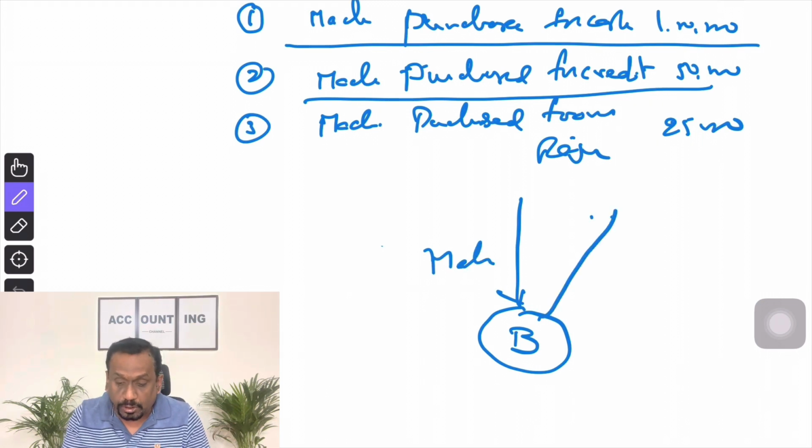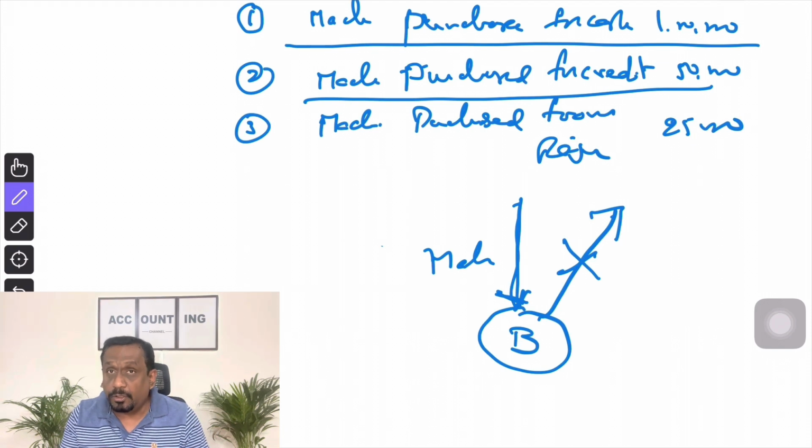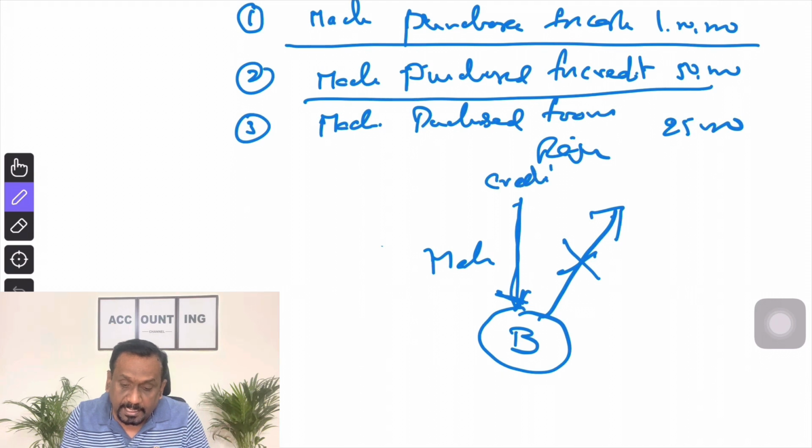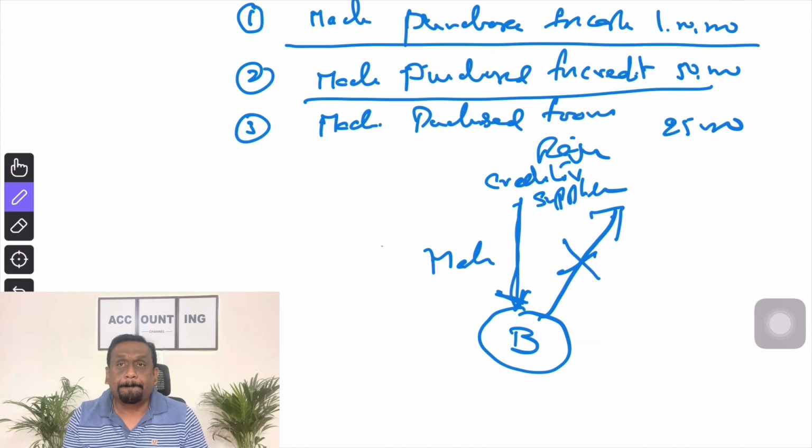What goes out? Nothing goes out. Machinery comes in, nothing goes out, then the next question is, who is the giver of this machinery? Name is not given in the transaction. If the name is not given, let us consider this as creditor or supplier. Clear? Creditor, supplier, vendor, you can use any of the names.